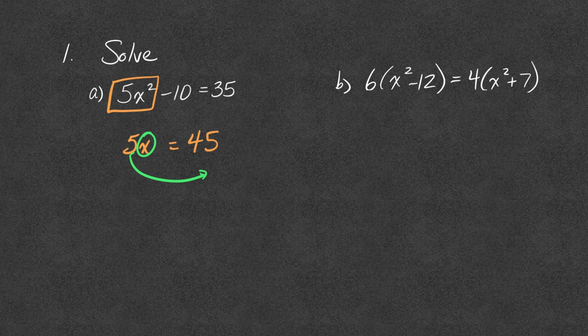But if I go back to what that equation is now, it's 5x squared. You'll notice you actually have two things attached to the variable, and this can cause some indecision. You have to get rid of that 5, but you also have to get rid of the 2. Which one do you get rid of first?